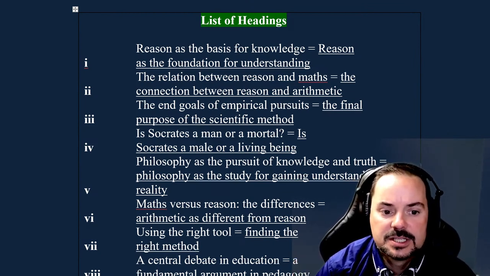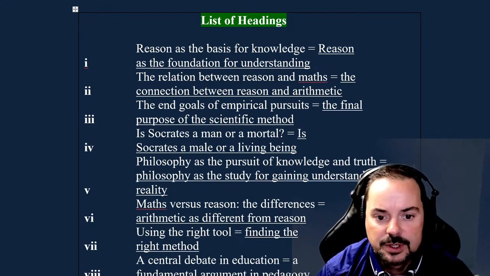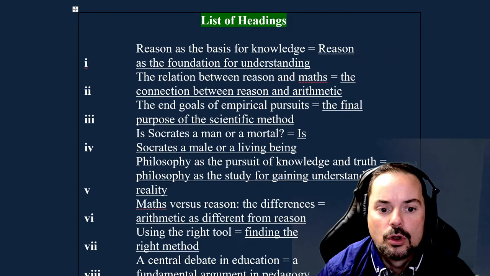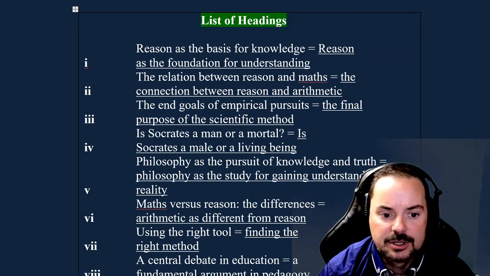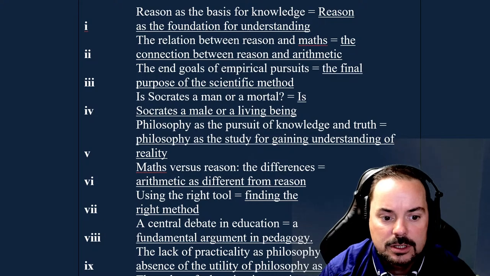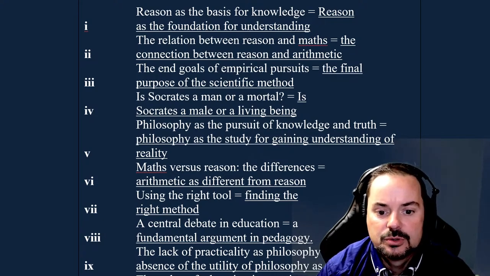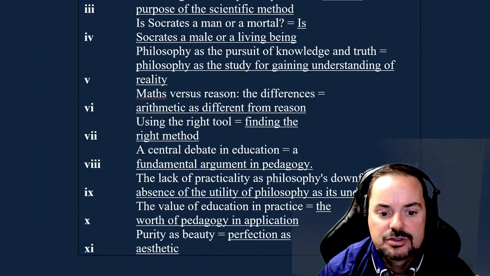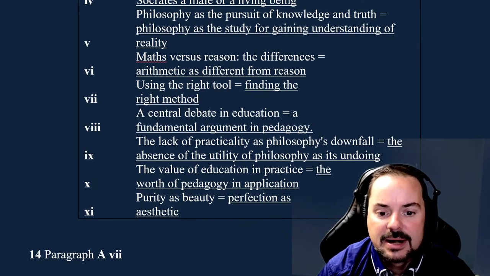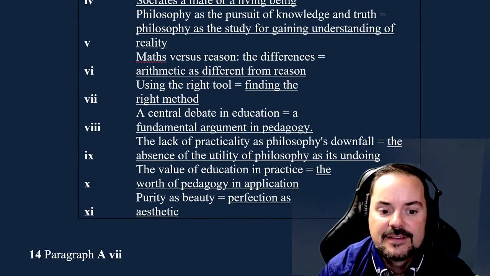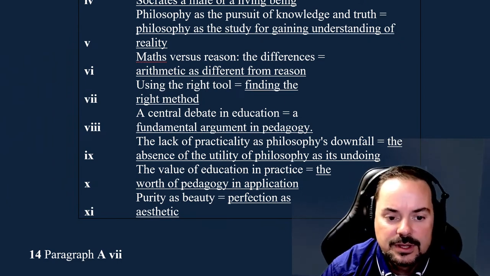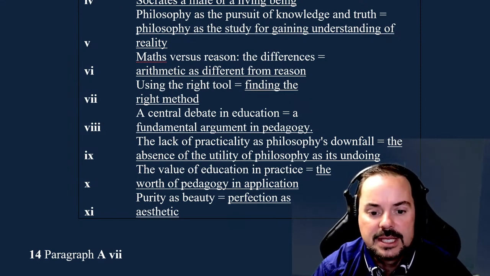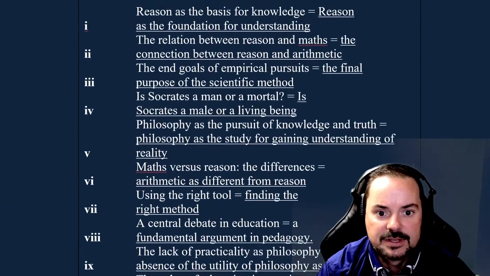Reason as the basis of knowledge, the relation between reason and math, the end goal of empirical pursuits, is Socrates man or mortal, philosophy as the pursuit of knowledge and truth, math versus reason, the differences, using the right tool, a central debate in education, the lack of practicality as philosophy's downfall, the value of education in practice, purity as beauty. Which one do you think is the closest to the meaning and the value of philosophy out of these?